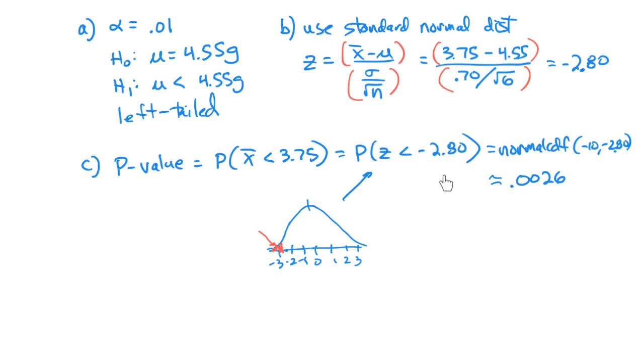Because we just get one sample. We can't take another sample. We just get our one sample. So if this is really true, the probability that we would have got those 6 birds with a mean weight of 3.75 grams is really small. So that's what we found. Remember, P stands for probability. It's the probability that we would get the sample we got if this null hypothesis is true.